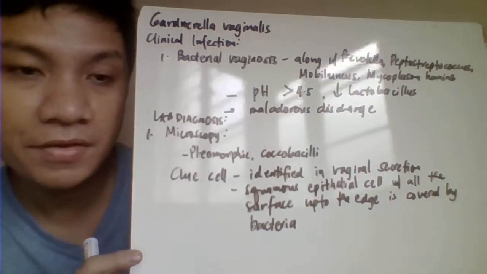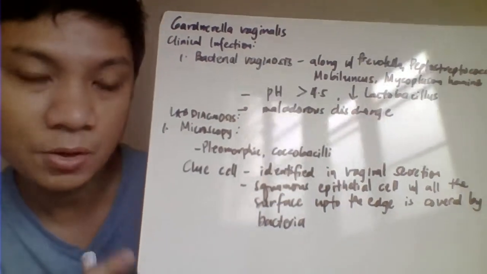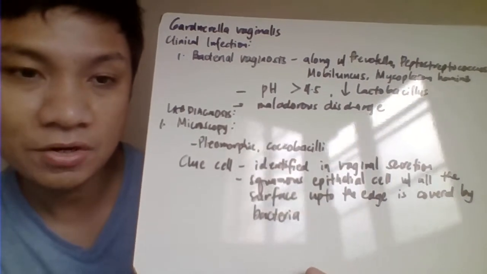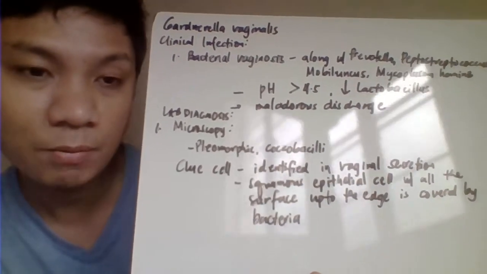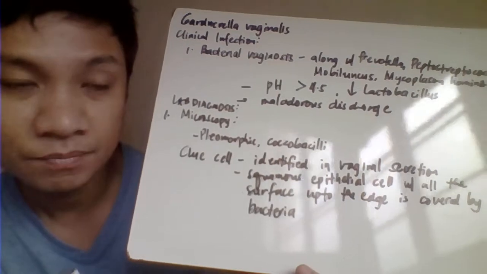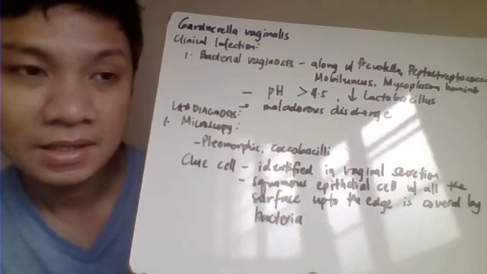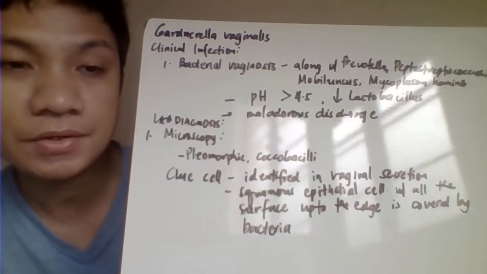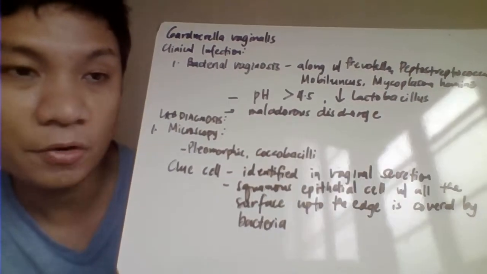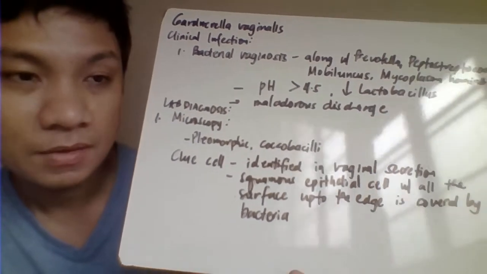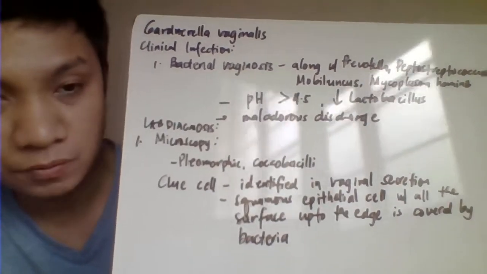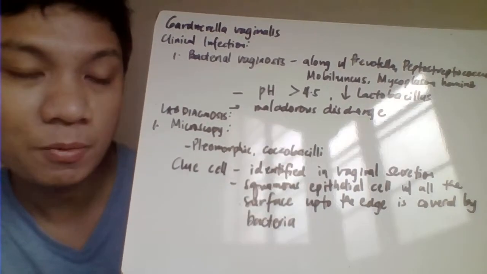Okay, the next one, we have your Gardnerella vaginalis. So, the main clinical infection associated with this bacteria would be your bacterial vaginosis. But your bacterial vaginosis is not only caused by your Gardnerella vaginalis but also by other bacteria like your Mobiluncus, Prevotella, Peptostreptococcus, or even your Mycoplasma hominis.